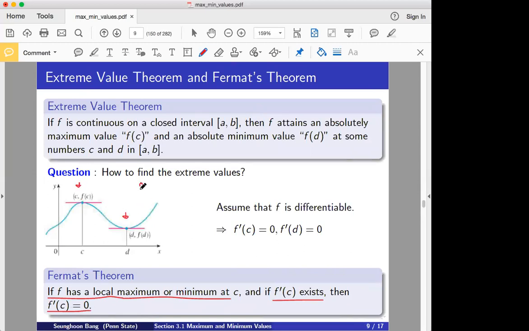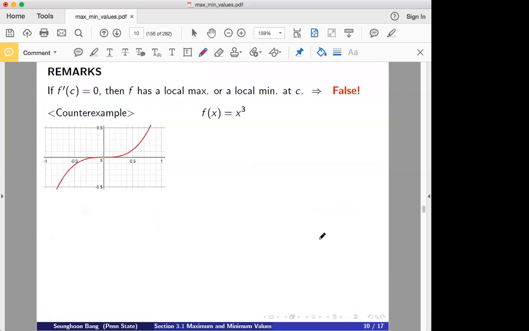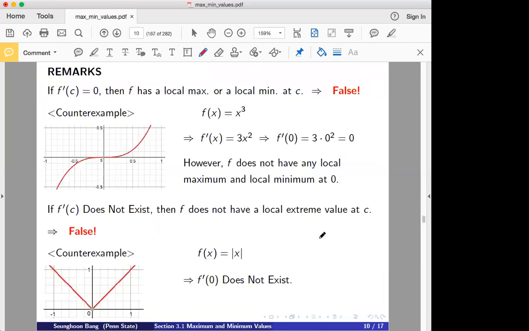What kind of property do we have? F prime of c equals 0, right? And the last case is, we have a local minimum, and f prime of c does not exist.